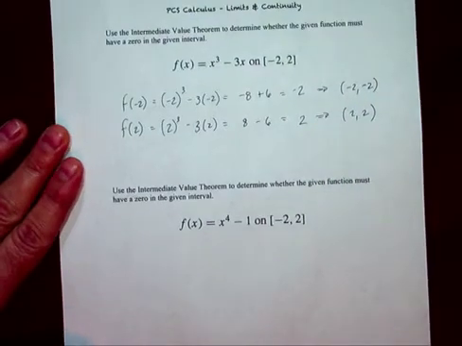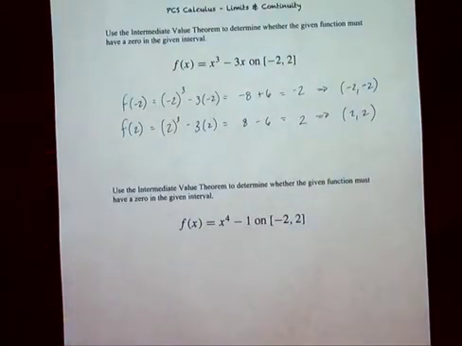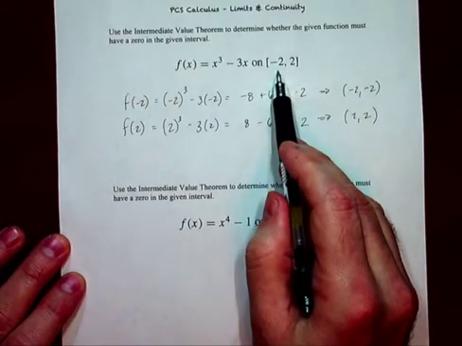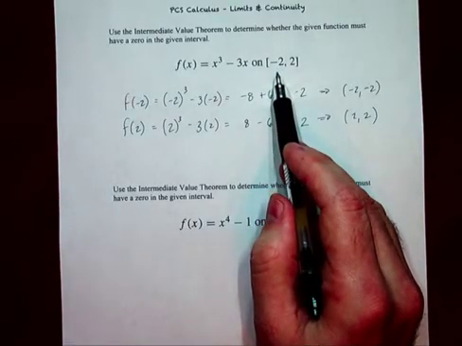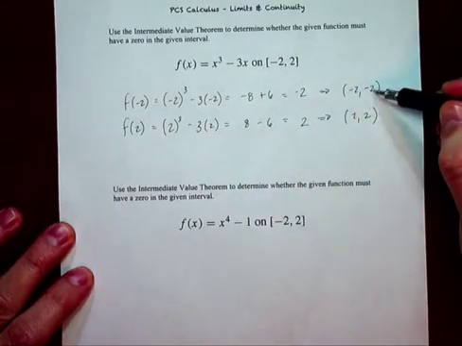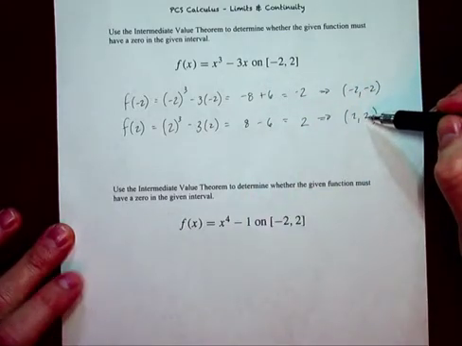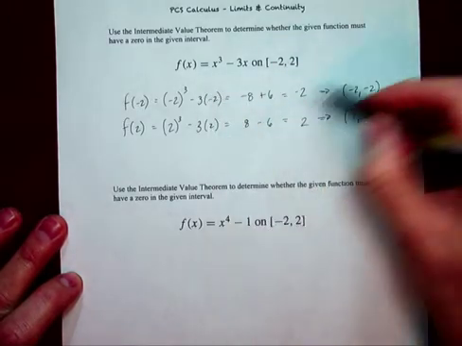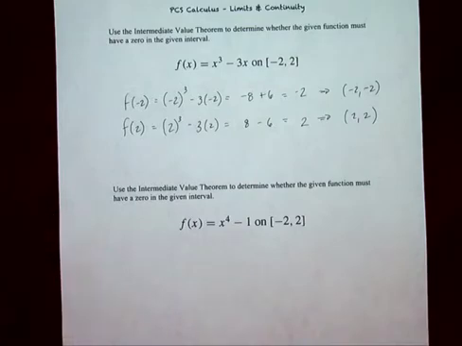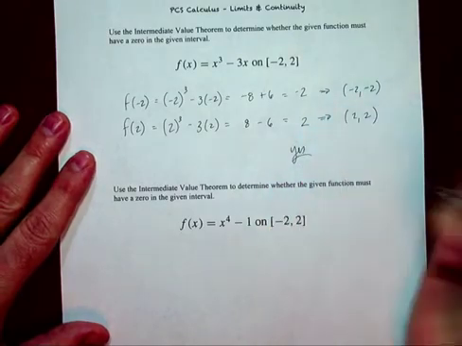And the question is, do I necessarily have a 0 on this interval? Do I necessarily have an x-intercept? And the answer is yes, because in order to get from (-2, -2) to (2, 2), since I can't pick up my pencil as I'm drawing this, I have to go through the x-axis. And therefore, yes, it is confirmed.